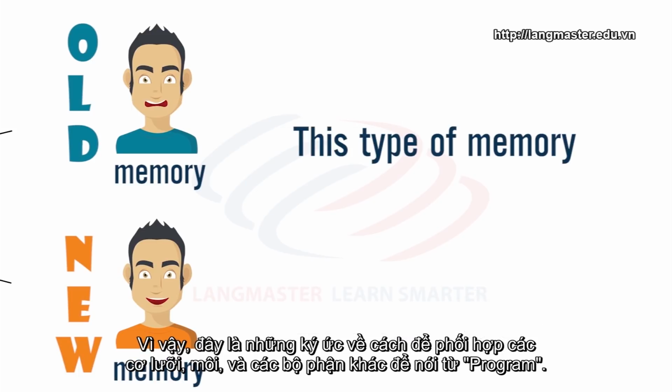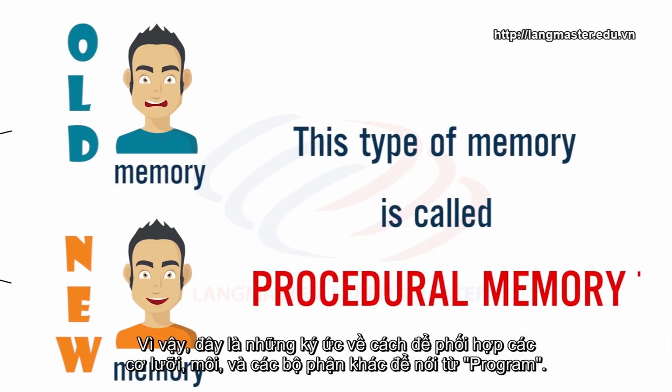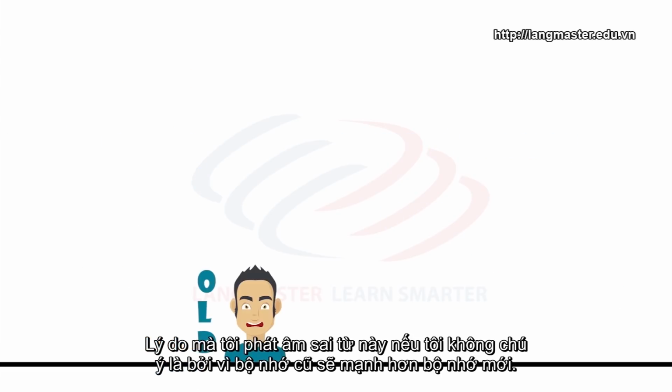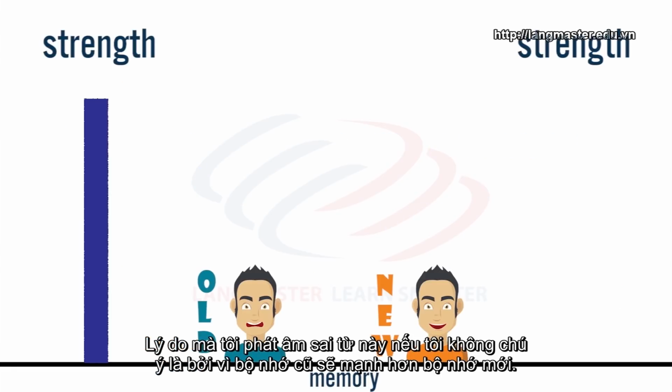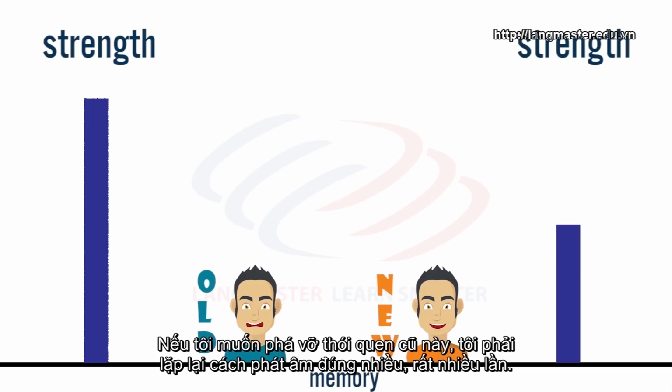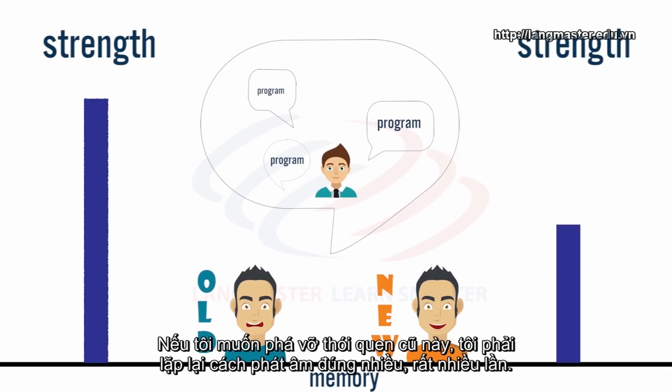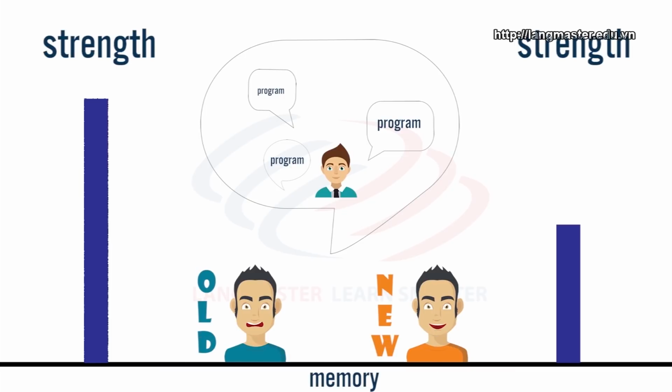So these are memories of how to coordinate the muscles in my tongue, lips, and other parts to say the word program. The reason that I mispronounce this word if I don't pay attention is that the old memory is much stronger. If I want to break this old habit, I have to repeat the right pronunciation many times.